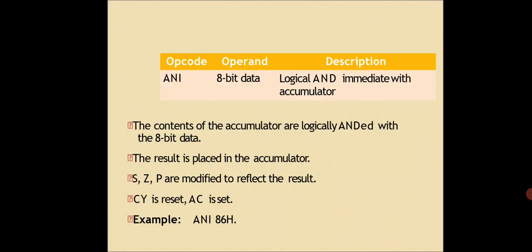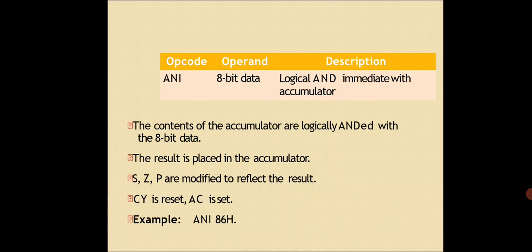You can see the second instruction, that is ANI. ANI stands for AND immediate with accumulator. It has an 8-bit data operand, so this is a 2-byte instruction. It uses immediate addressing mode.